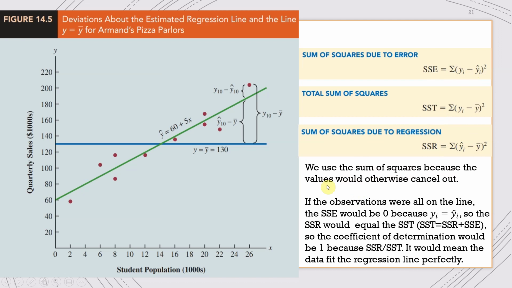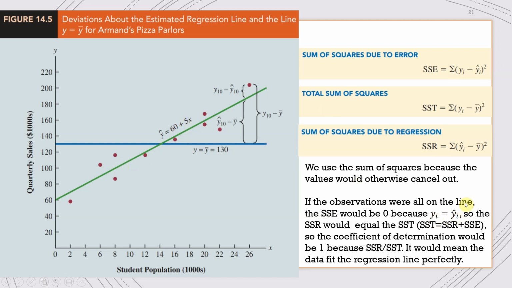Again, we use the sum of squares because the values would cancel out otherwise, because some observations are above and below the mean. Another way of thinking about this is if the observations were all on the line, all of these dots were on our green line, the sum of squared errors would be 0, because the difference would be 0, since all of our observations would be the predicted values.